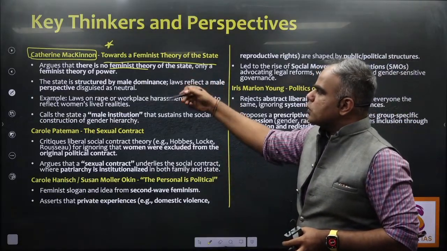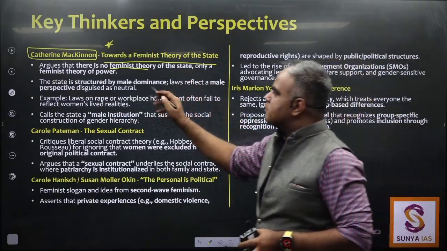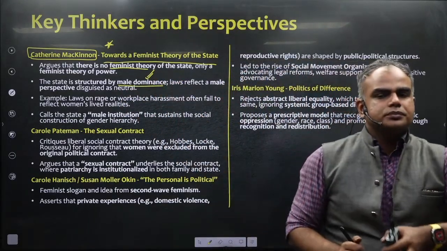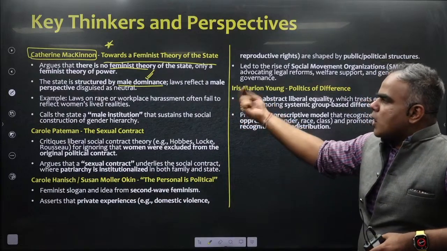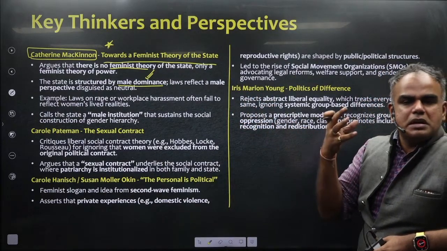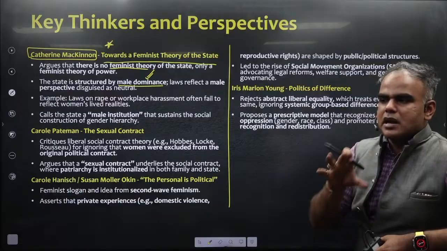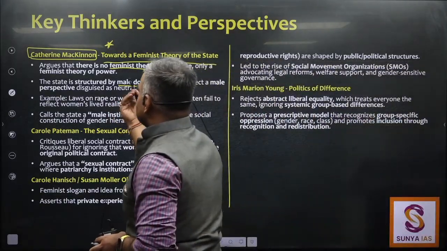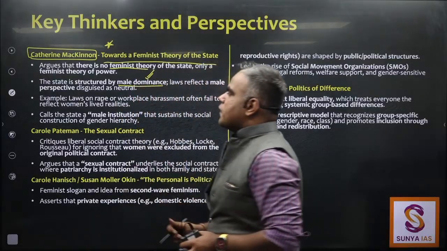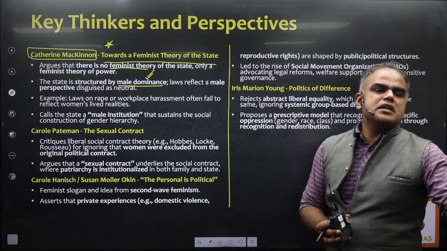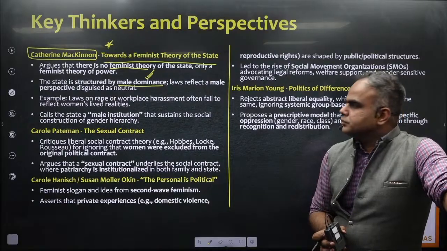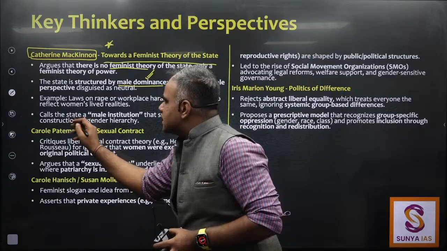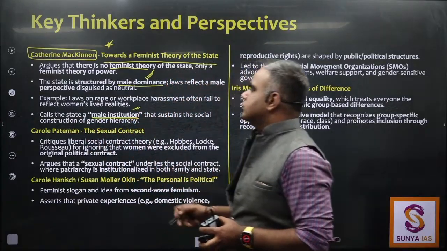Okay? Why? Because the state is simply an instrument of male dominance. Whatever laws there are in the state, these are written from a male perspective and not from a female perspective. Again, the same thing: laws on rape or the workplace often fail to reflect the lived realities of women. This is again important; she calls the state a male institution.